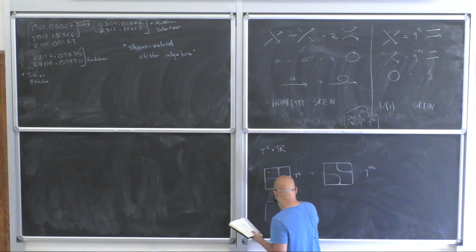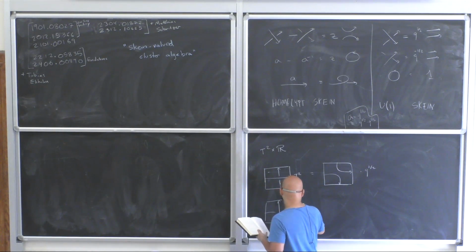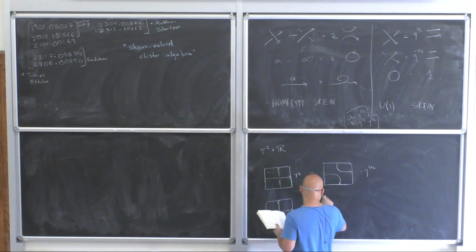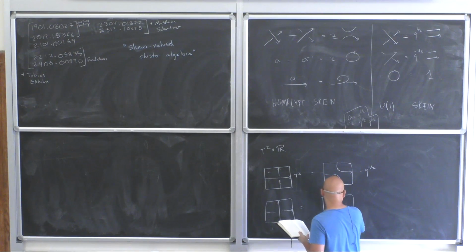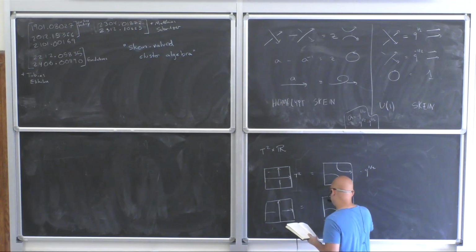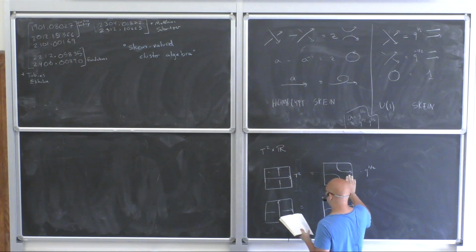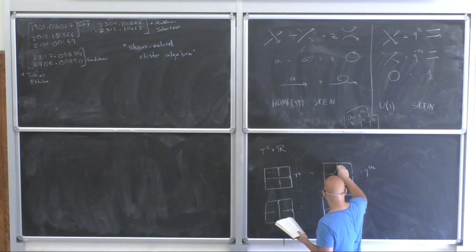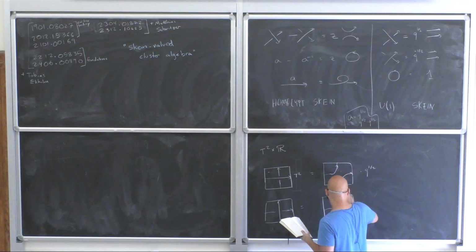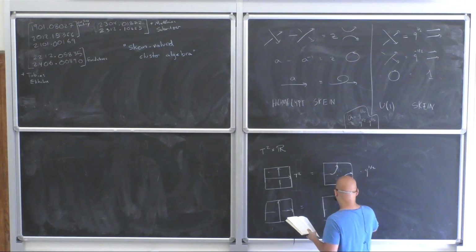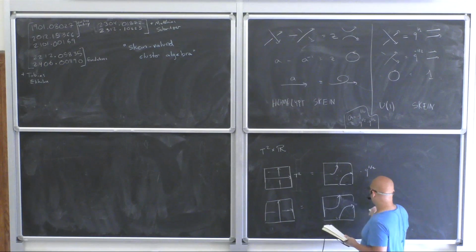And this other one, if I do it the other way, equals the same thing times Q to the minus 1/2.